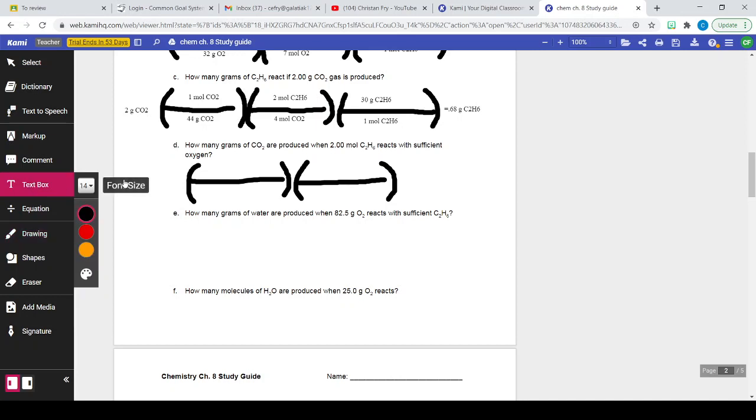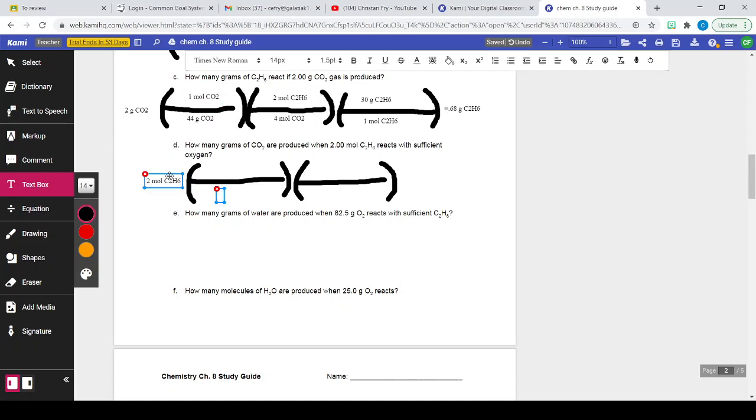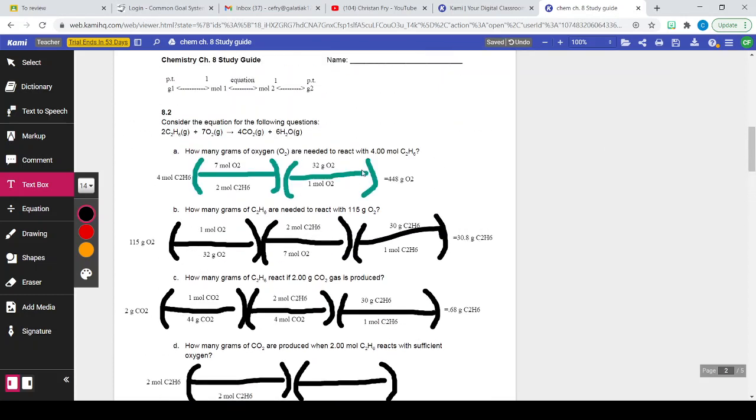Let's start with our 2 moles of C2H6. On bottom, it's a mole to mole. So I'm not going to use the 1 mole here, right? If I'm doing a mole to mole, I've got to use the equation. So for C2H6, if you look at your equation, there are 2 moles of C2H6, and I want to get to CO2, and there are 4 moles of CO2.